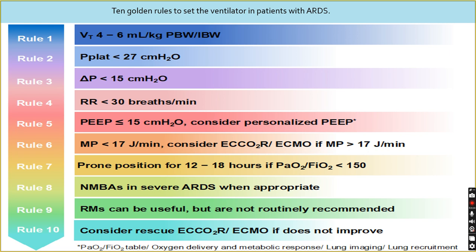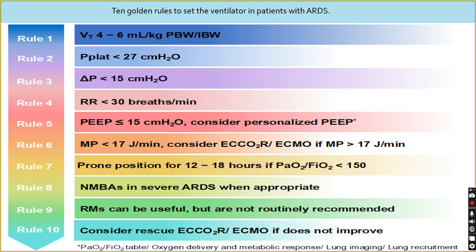extracorporeal carbon dioxide removal. Prone position, of course, a very important intervention, should be done for 12 to 18 hours a day if your PF ratio is less than 150. Preferably do it in the first 36 hours of ARDS. Early prone helps much better than late proning. Neuromuscular blockade is the 8th rule, which in severe ARDS, when appropriate, should be used.